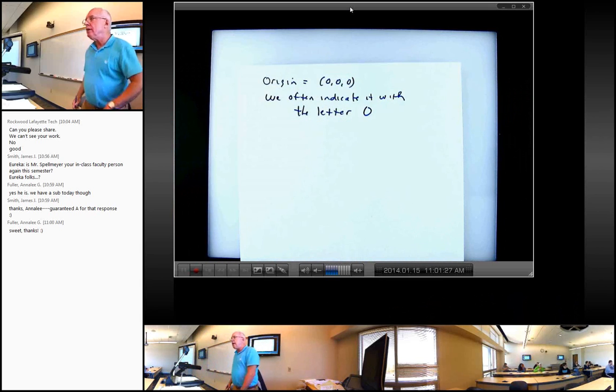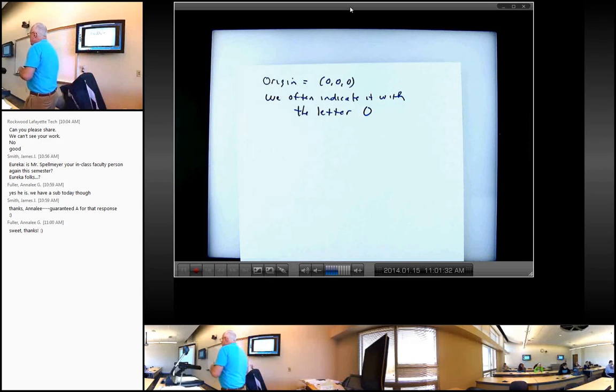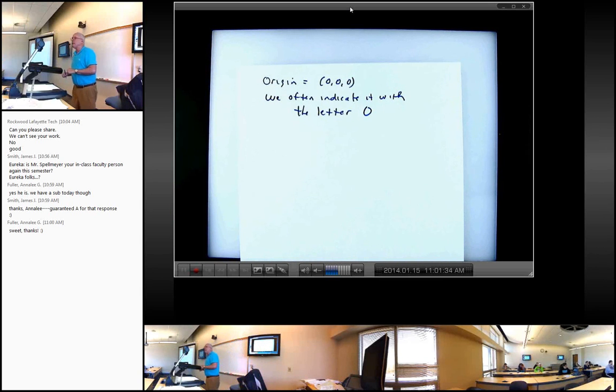So if we're given any point in three-dimensional space, it kind of automatically gives us a vector in a way. So let me put this down.